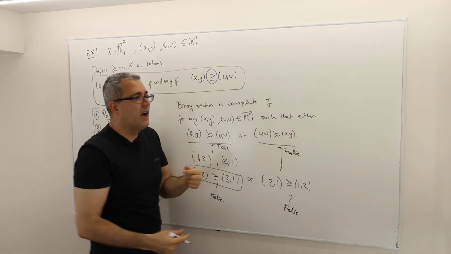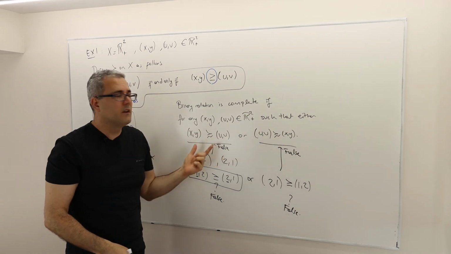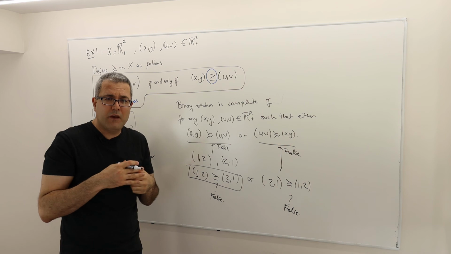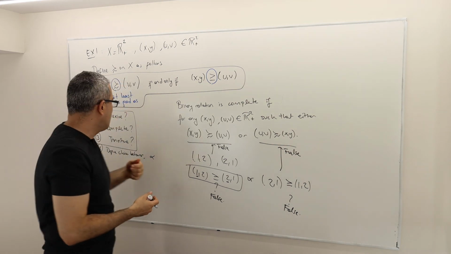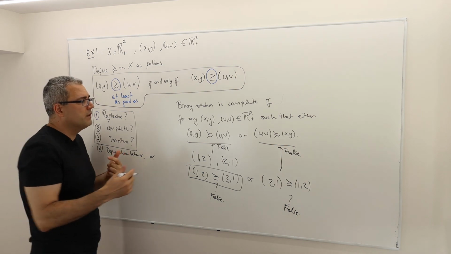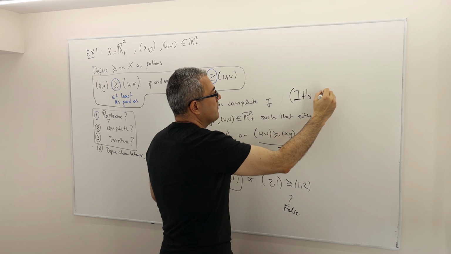So I found an example where both of these are false. That means I actually found a counterexample, meaning this binary relation is not complete, right? So it's not complete.